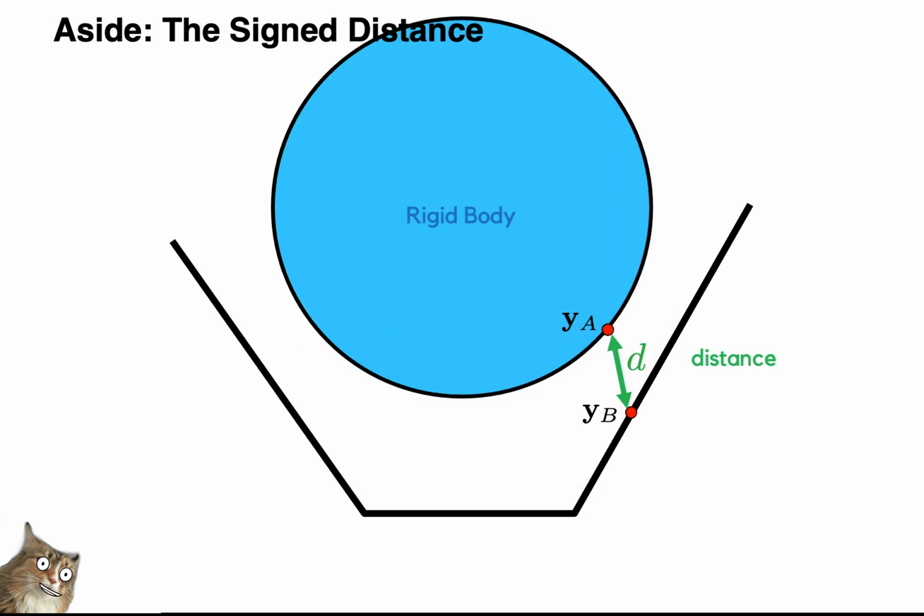Given two points in space, one on each object, it's pretty easy to compute the distance between them. Distance is a strictly positive quantity. The name signed distance implies that we can have both positive and negative distances. The real question is, how do we choose the sign?